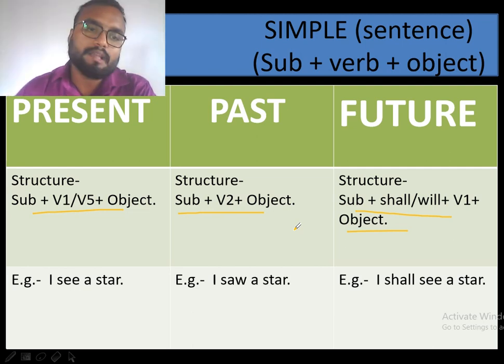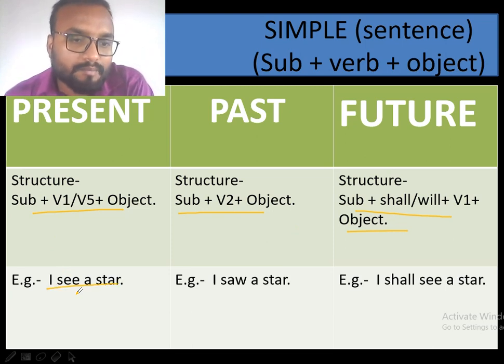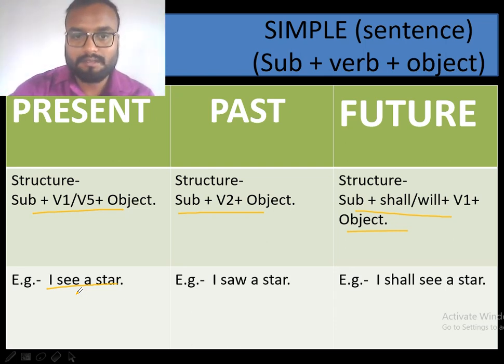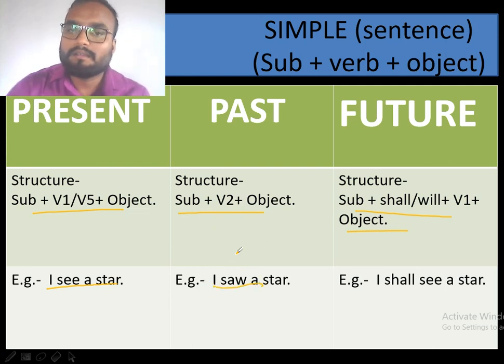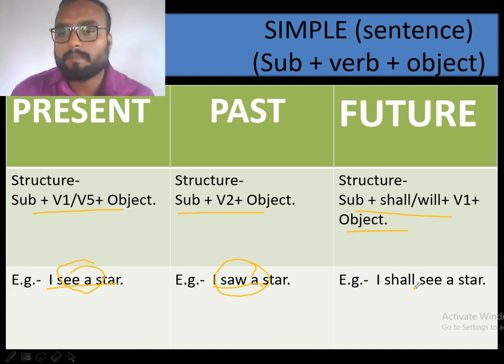Here you can see the example, I see a star. Now in I see a star, in which direction he was seeing, which star he was seeing, it's not clear. I saw a star, again the action takes place in past. Saw is the second form of verb, which is the past form of the verb. See is the base form of verb, which is the present form.